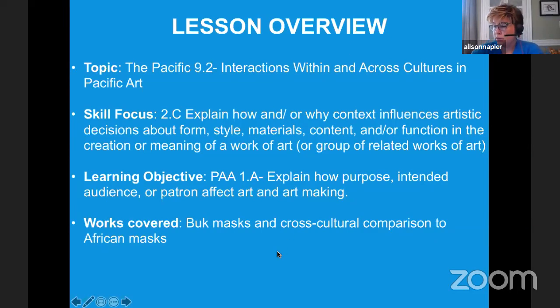Our learning objective, thinking about purpose, intended audience, and patron, because these masks were made for someone, and those decisions and preferences, cultural priorities will all play into the production of the objects. And so we're going to cover the book mask, as well as make some cross-cultural comparisons to some material on the exam with the African masks.